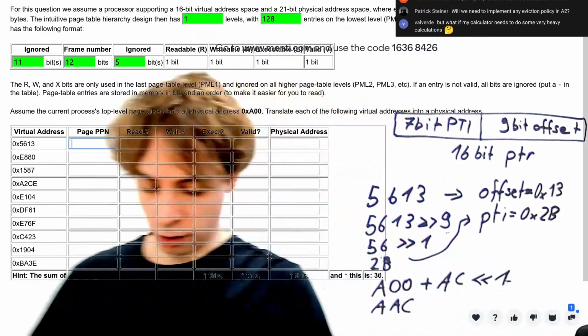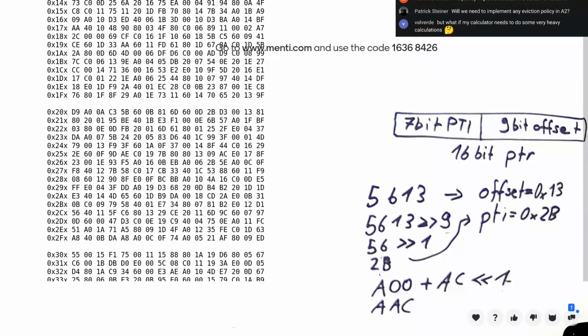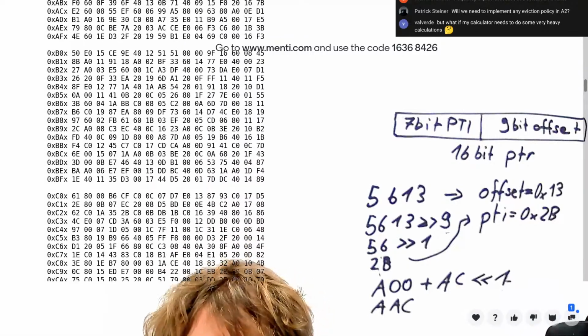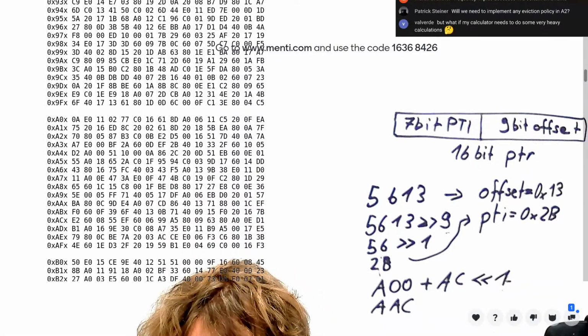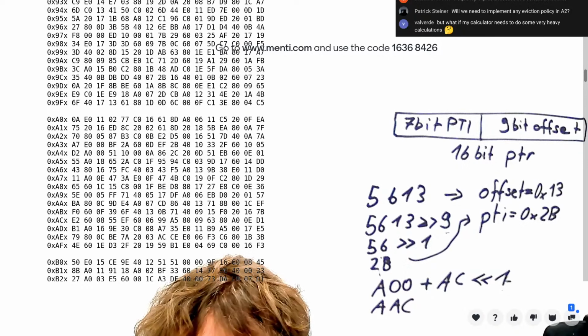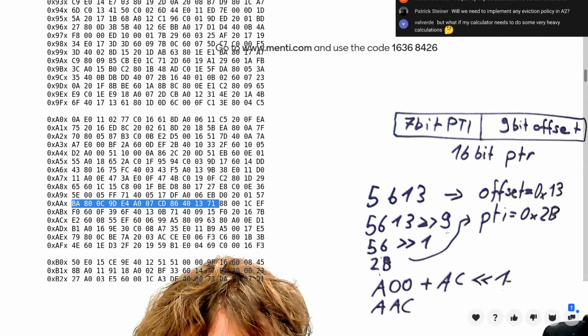Nice. Let's check out the address AAC. Let's see whether we made a mistake so far. So I will check out where AAC is. A, and then we have here, C is at the very end of this, right? AAC. That's about here.